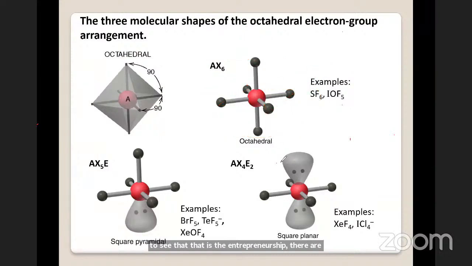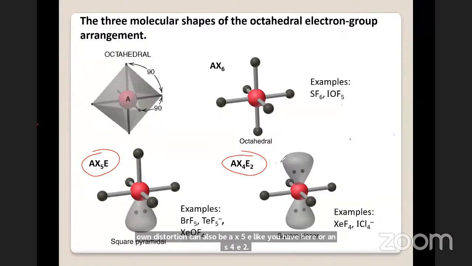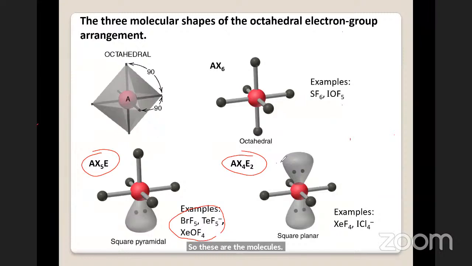The distortion can also be AX5E, like you have here, or an AX4E2. So these are the molecules of AX5E, and the shape of AX5E is square pyramidal.